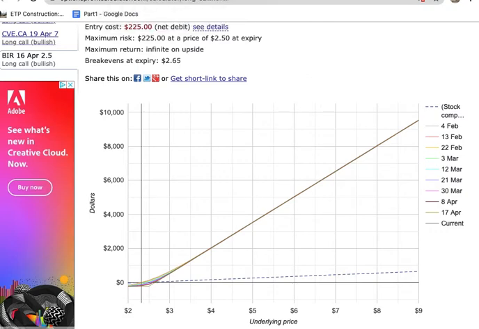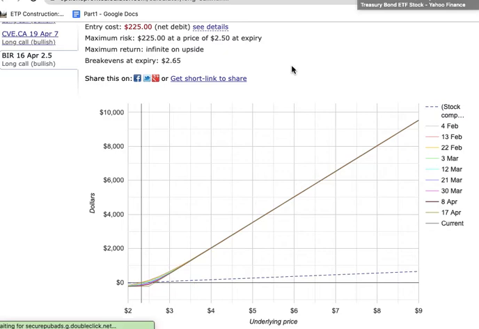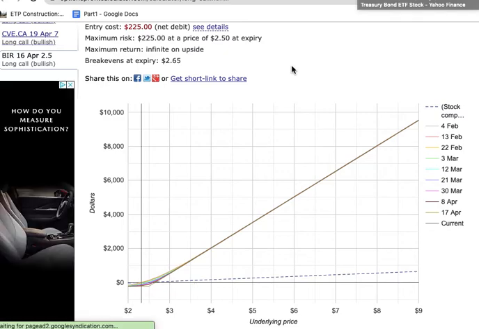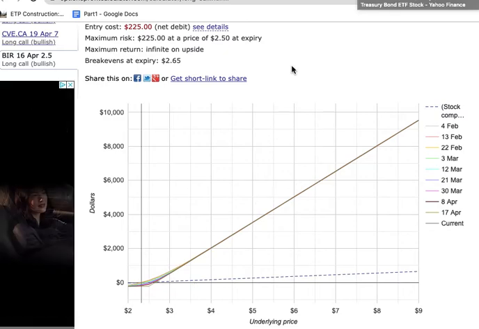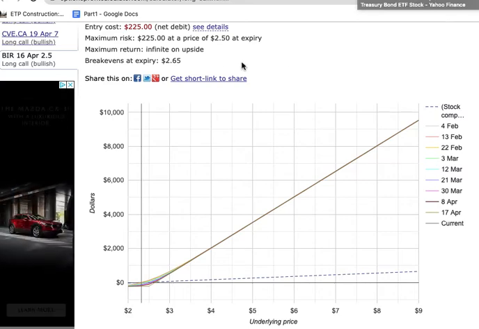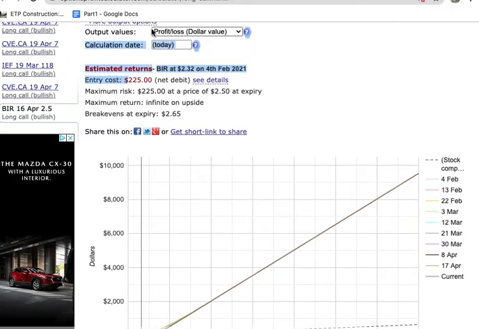Now, this has been a lot of the reason for my success in the Canadian energy markets. I've been using out of the money calls to successfully leverage my capital in a way that allows me to have a predefined assets at risk, meaning I know that the maximum loss I can have is $225, as opposed to other methods like using leverage where you could potentially lose a lot more.